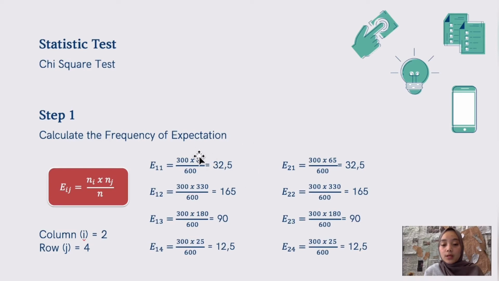We get the result: E11 is 32.5, E12 is 165, E13 is 90, E14 is 12.5, E21 is 32.5, E22 is 165, E23 is 90, and E24 is 12.5.